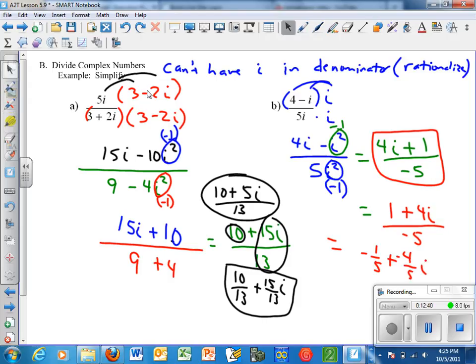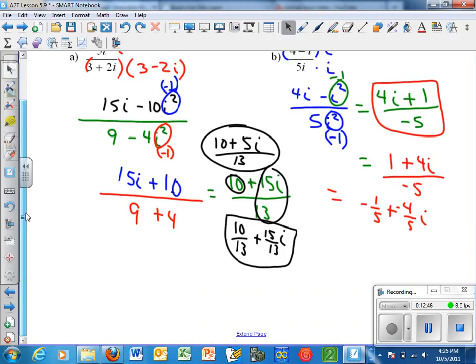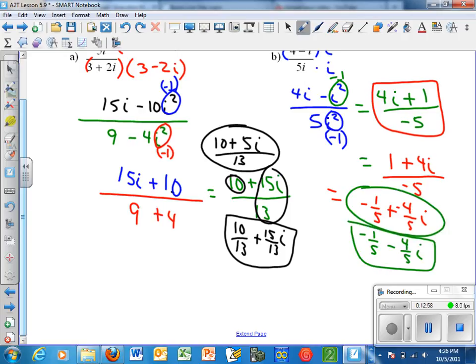Okay, now instead of writing plus negative right there, you could write it as this, which would probably be the best way. Negative 1/5 minus 4/5 i. Okay? Now, any one of these would be acceptable and is okay. Probably this one, where we have our i term second as opposed to our i term first on the top one there.